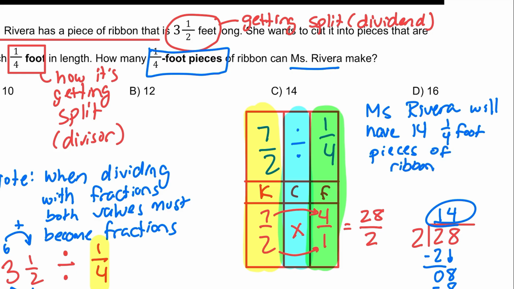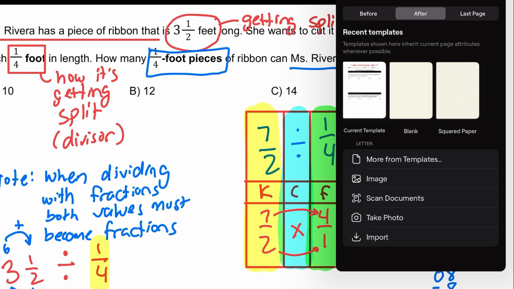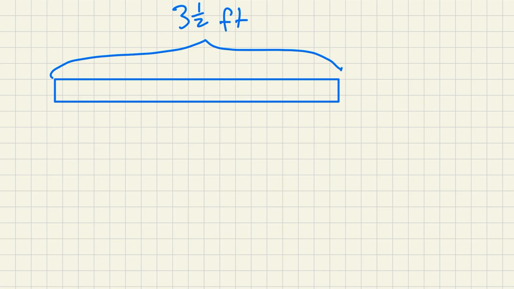And just to make sure we're on the same page, I want to show you what that looks like. If she had 3.5 feet of ribbon, okay, all of this ribbon is 3.5 feet. And she cuts her ribbon so that she has each little piece that is 1/4 of a foot.